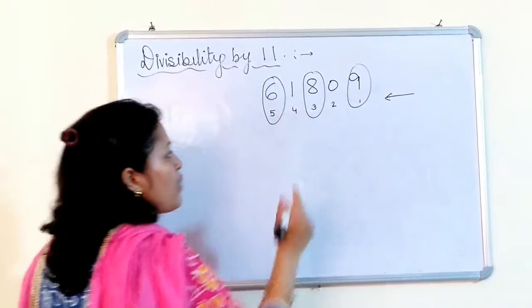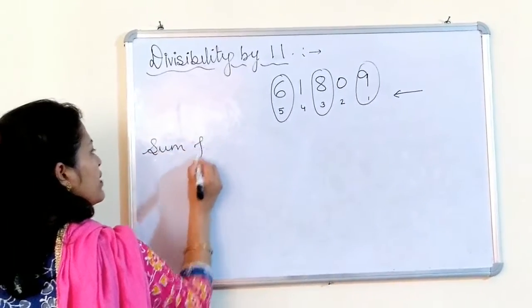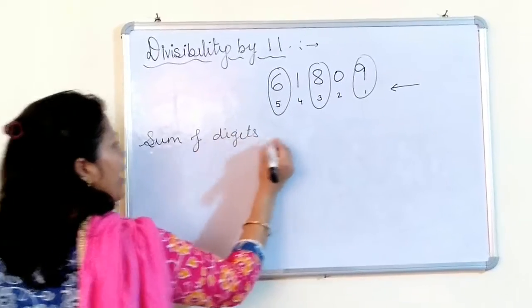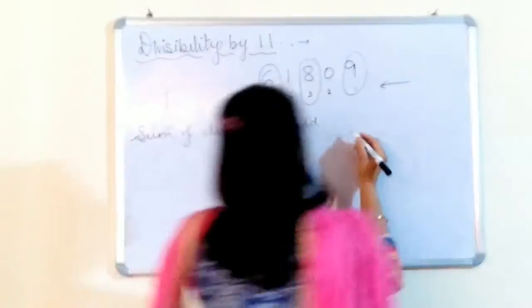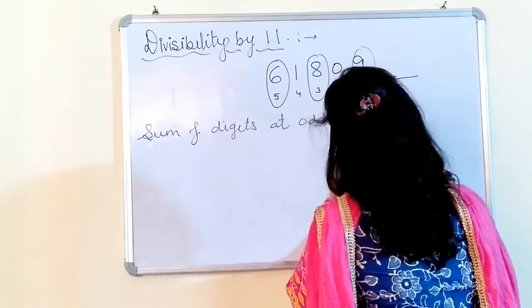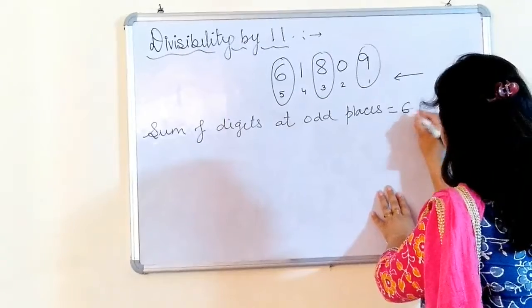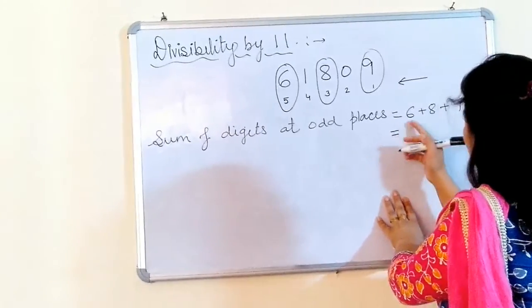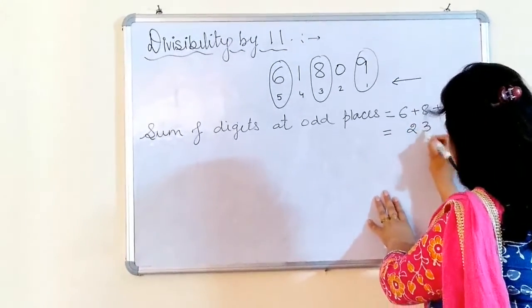So you write the sum of digits at odd places. What are those digits? 6 plus 8 plus 9. 6 plus 8 is 14. 14 plus 9 is 23.